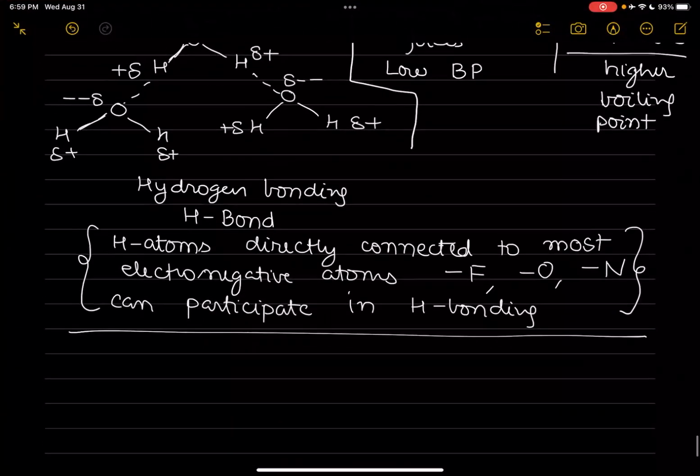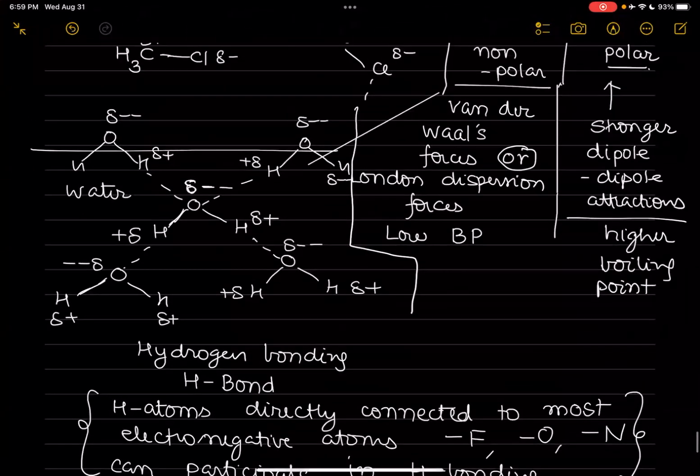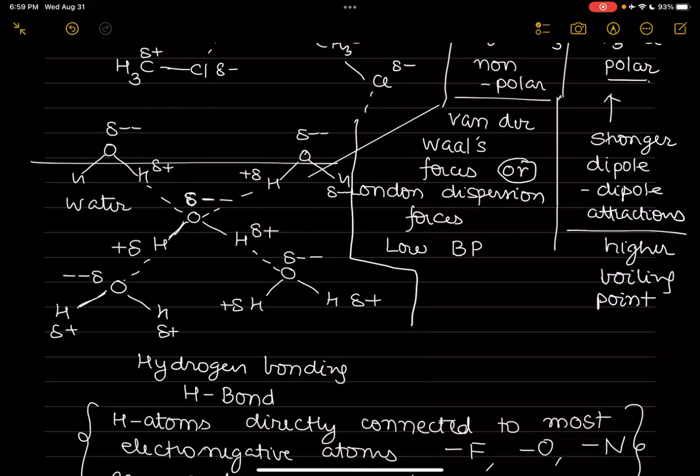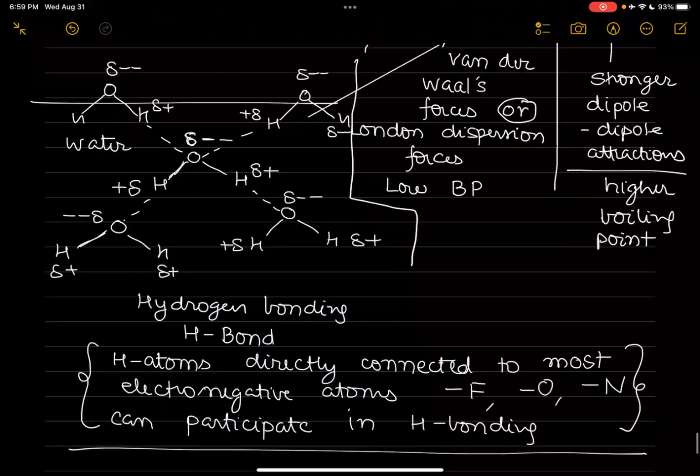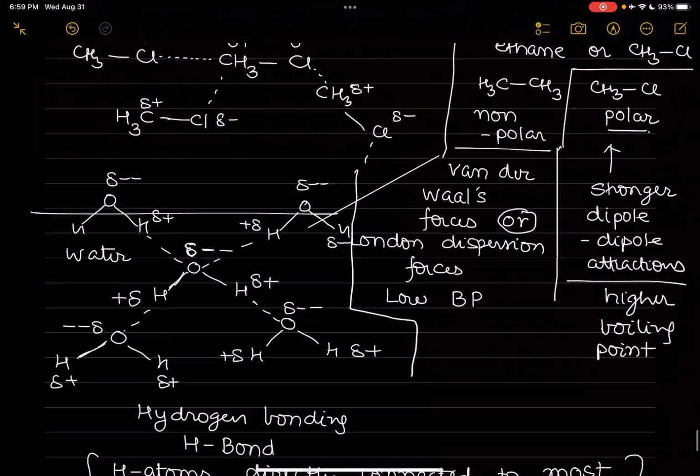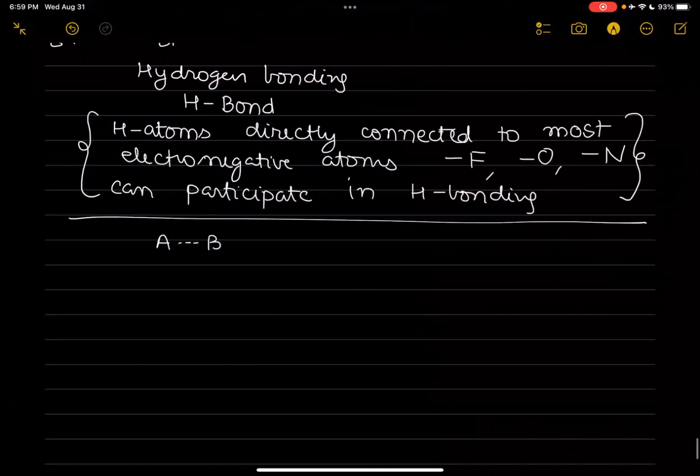Suppose you are mixing two things. They will become soluble only when the new type of interactions which appear are stronger than the interactions which were present in the original substances. Is it clear? Suppose there are two liquids, A and B, and you mix them.